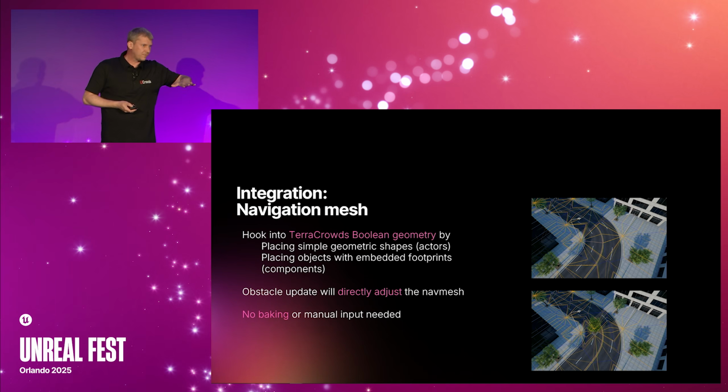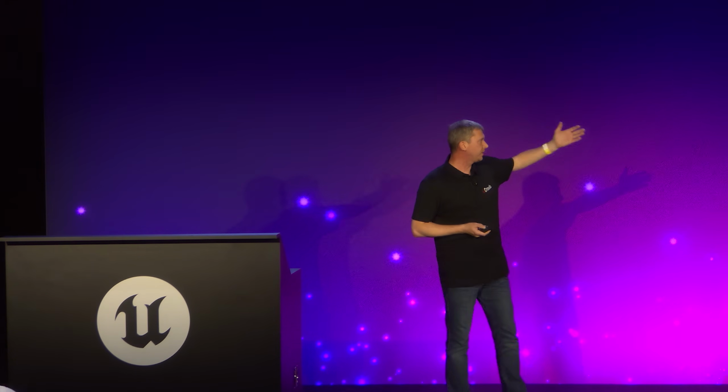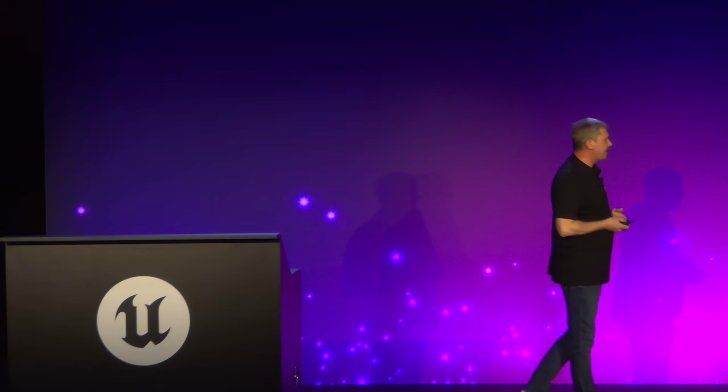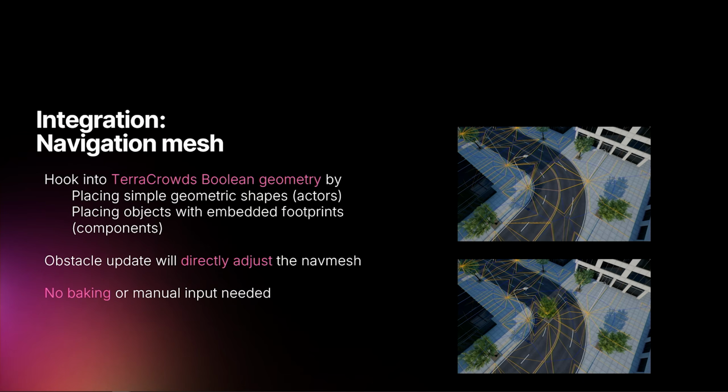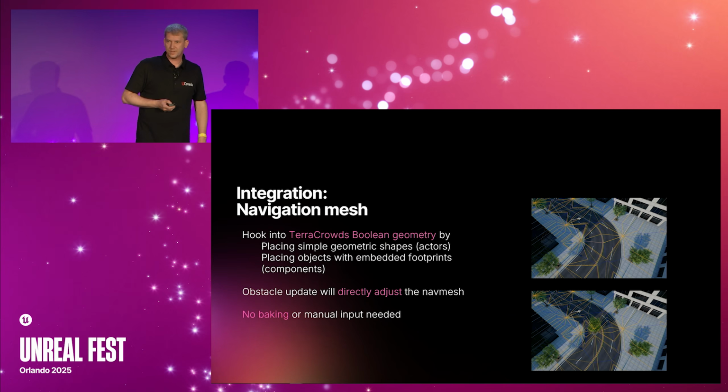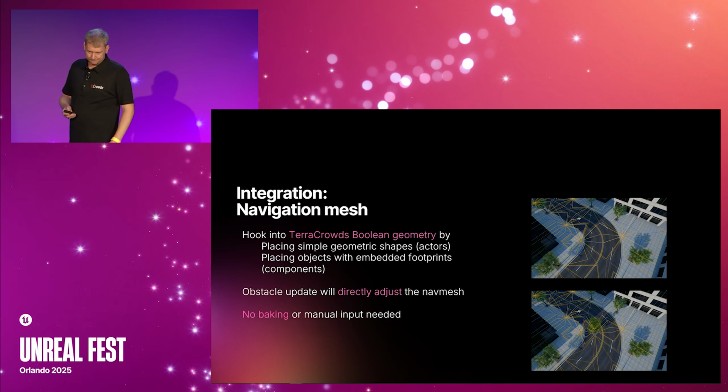That can be a planar environment or even a multi-layered environment. And with that, we can compute a navigation mesh. So in this example, we added a tree, and the navigation mesh is updated directly. And the good thing about this nav mesh is you don't need to bake it. There are no parameters involved, because it's just an exact computation.